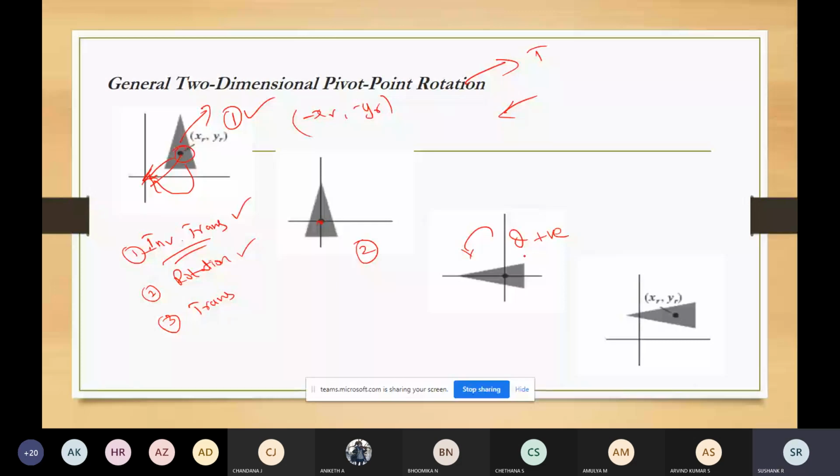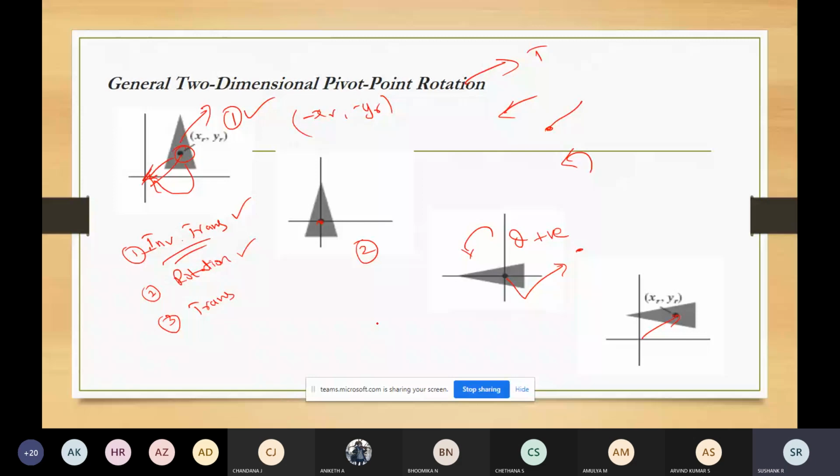First I brought it to the origin, I performed rotation, then with the result I move it back to the same position, xr comma yr. So this is the sequence of operations involved: move to the origin by inverse translation, perform the rotation, then again do the translation.